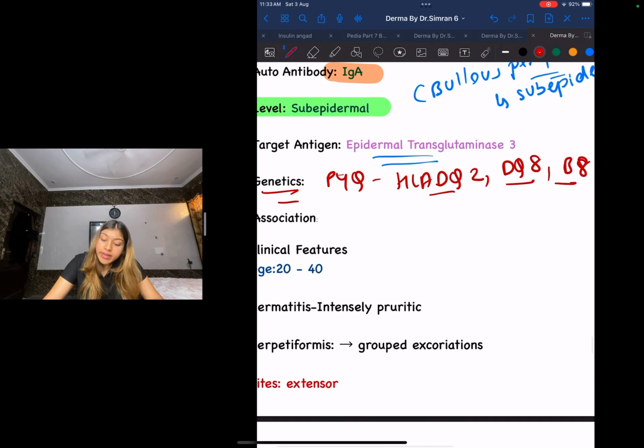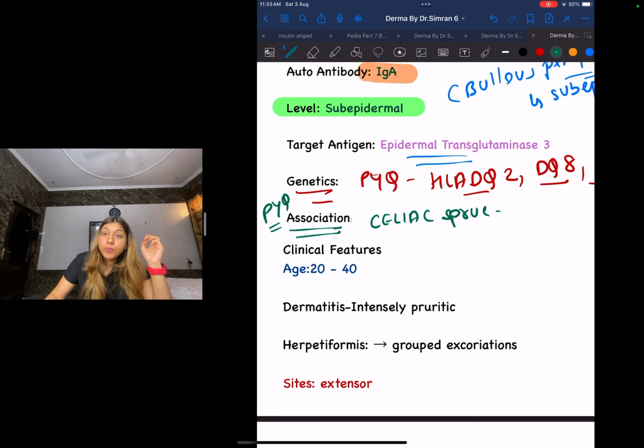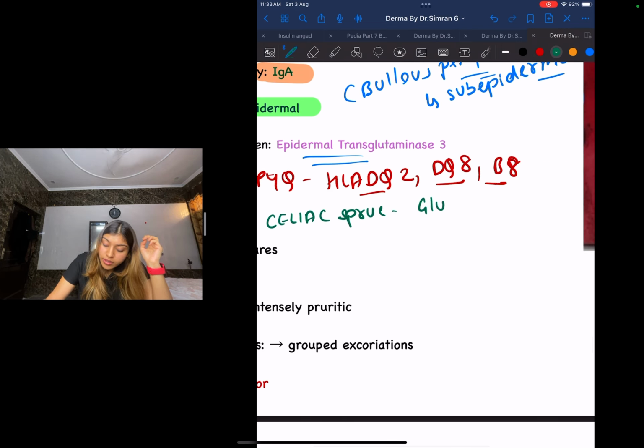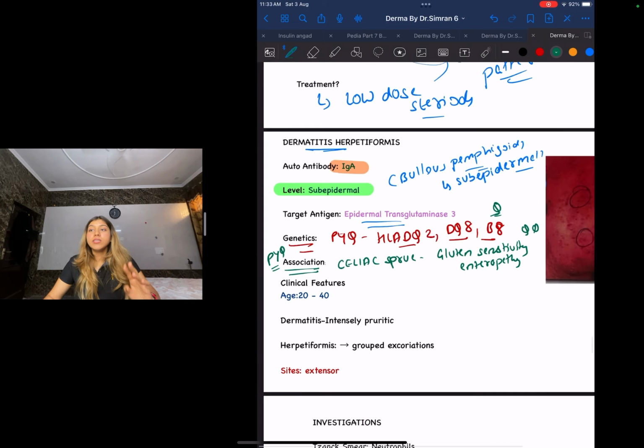Another question: dermatitis herpetiformis is associated with what? With celiac sprue. Celiac sprue is also called gluten sensitivity enteropathy. This is also a PYQ, guys. Remember this. I have put QQ over there, which means this is a previous question.